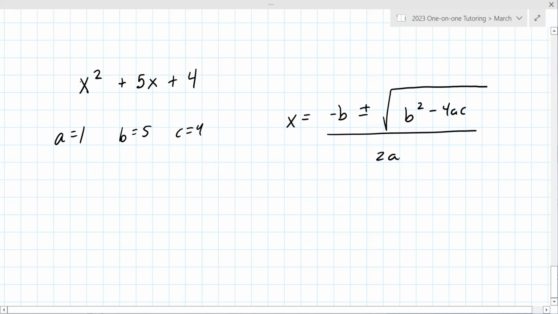All right, so I want you to calculate the part under the square root. Use the Desmos Scientific if you can.